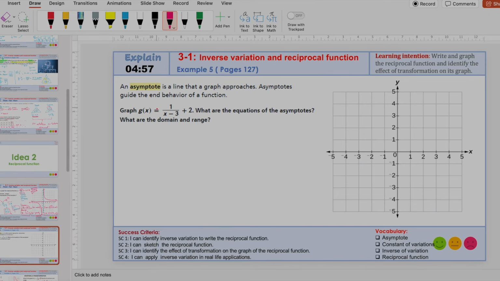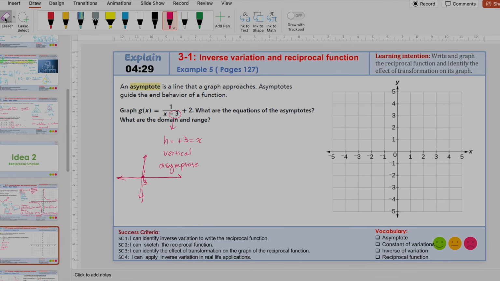Let's take another example. So in this function, the h is 3. We always take the opposite sign. Remember, it's positive 3, which is the x value. It's a vertical asymptote because we're going to have a vertical line cutting the x-axis at 3.